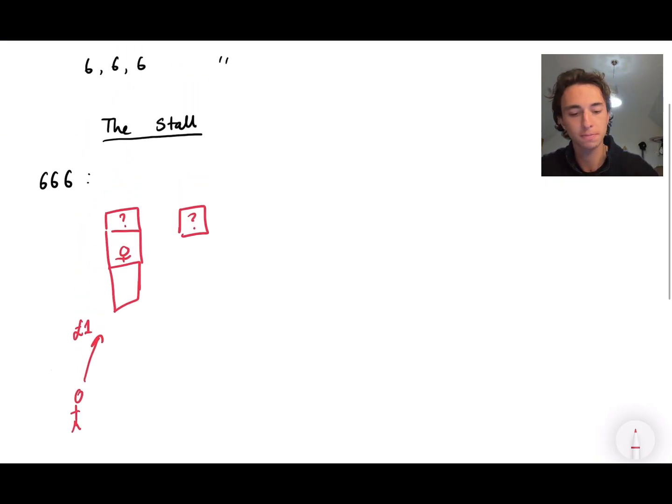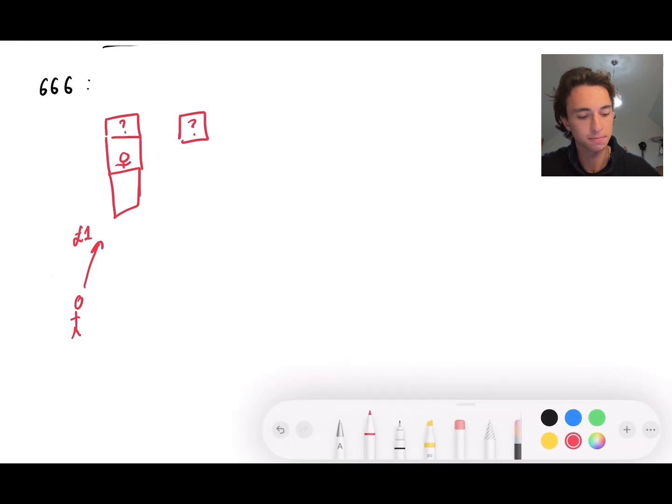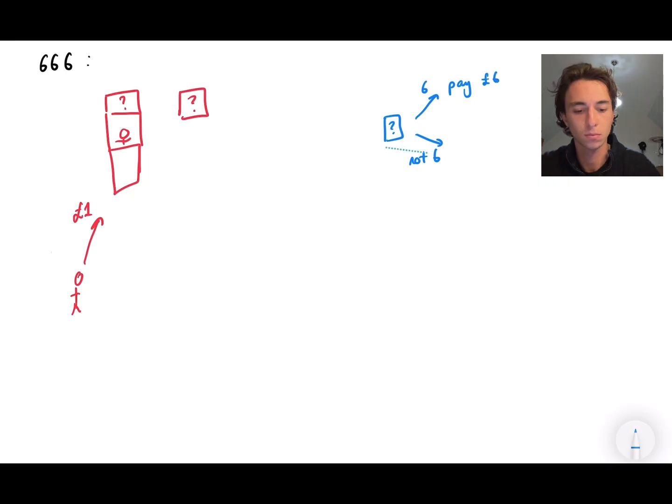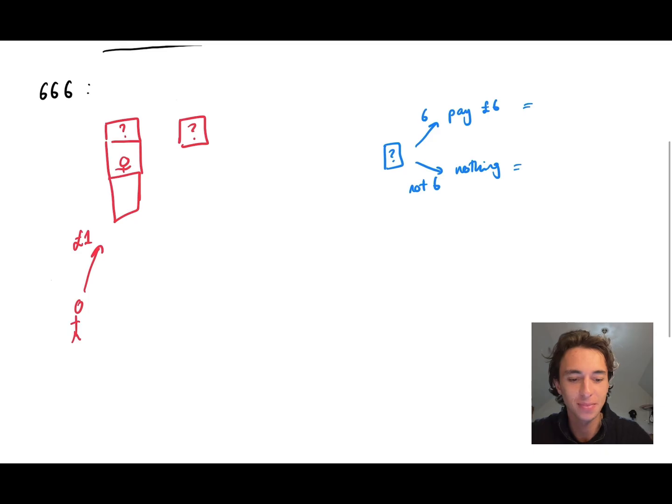So the two options are, let's look at the payoffs here, which is the same as saying net minus £5 versus net £1.